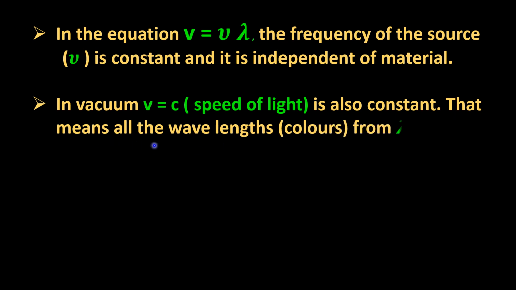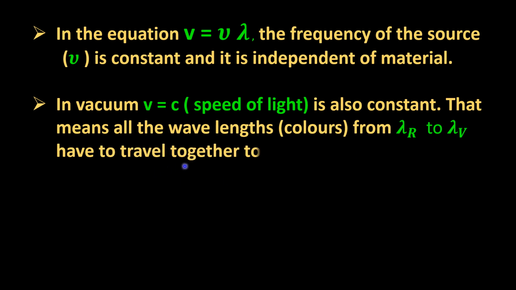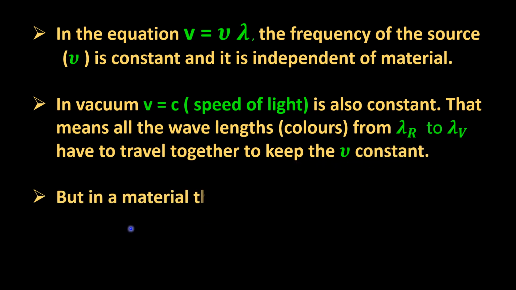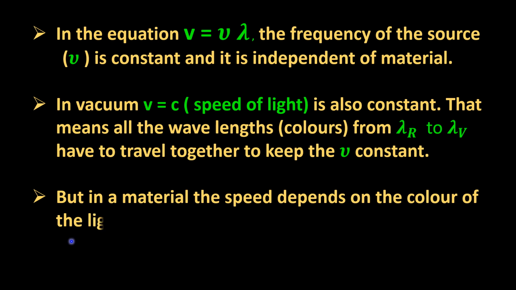That means all the wavelengths from lambda r to lambda v have to travel together to keep nu constant. But in a material, the speed depends on the color of the light. However, nu is constant.